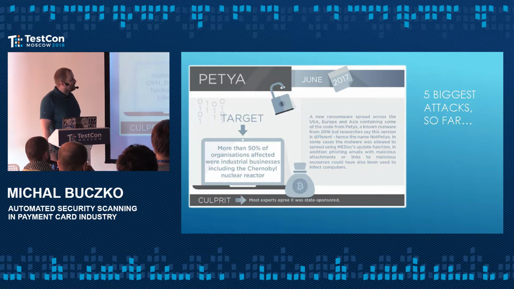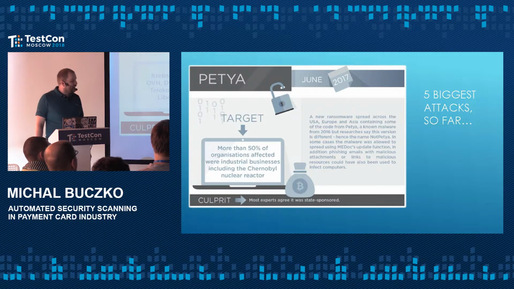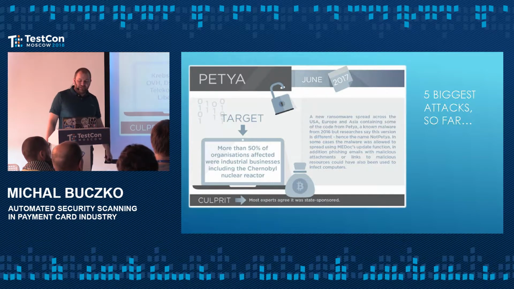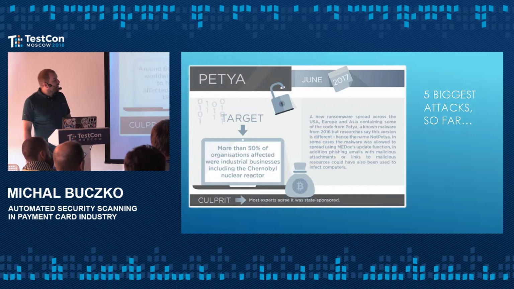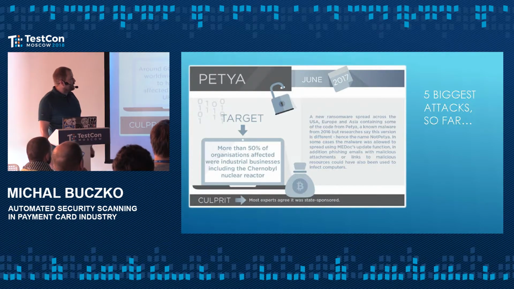Then there was the Mirai attack in August 2016. This was the denial of service that hit a lot of telecom operators, OVH and other applications. The WannaCrypt, who hasn't heard of it? Around 60 organizations worldwide were affected.